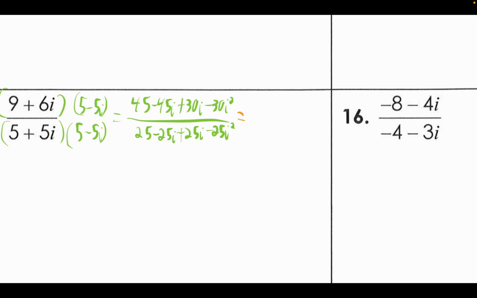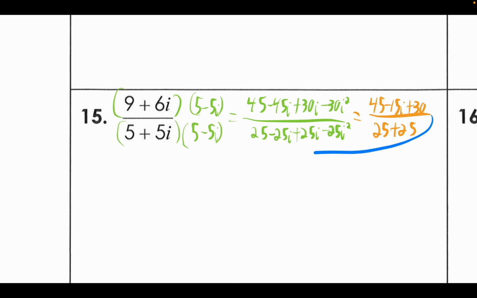The top becomes 45 minus 15i plus 30. The bottom becomes 25 plus 25. So we now need to simplify the top and bottom further, and we end up getting 75 minus 15i over 50.